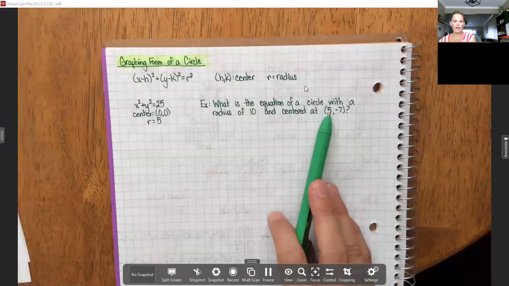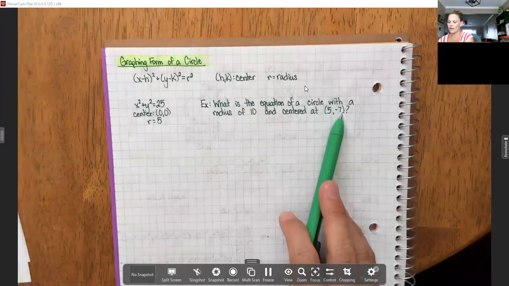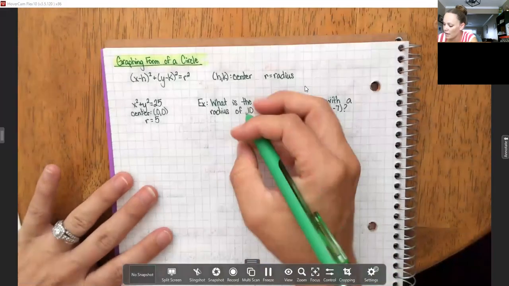So centered at (5, -7), h is 5, k is -7, and then the radius is 10.